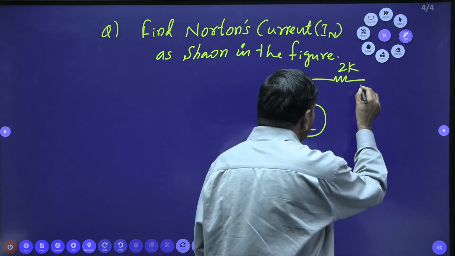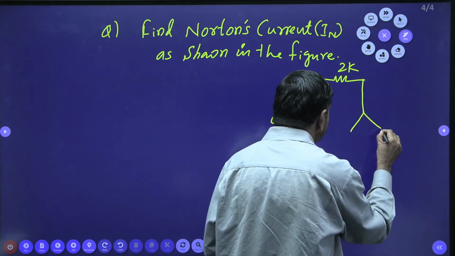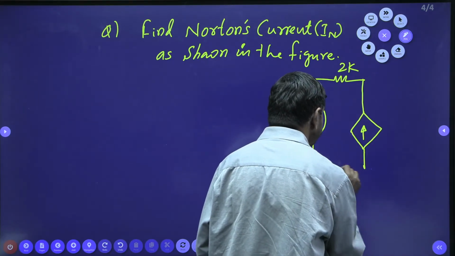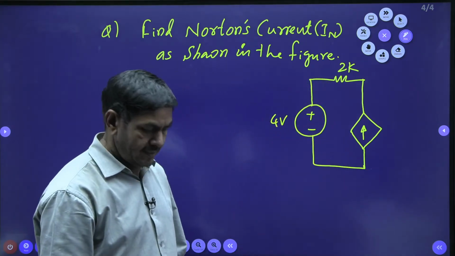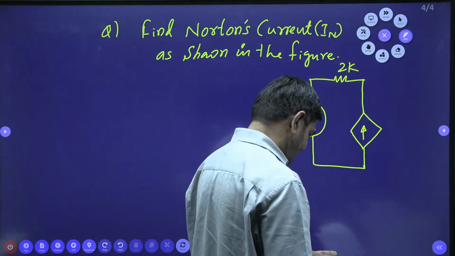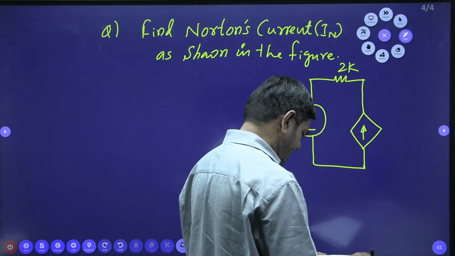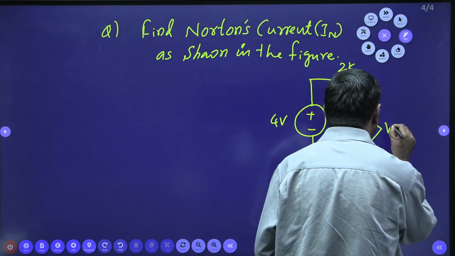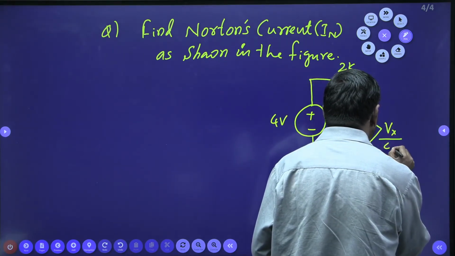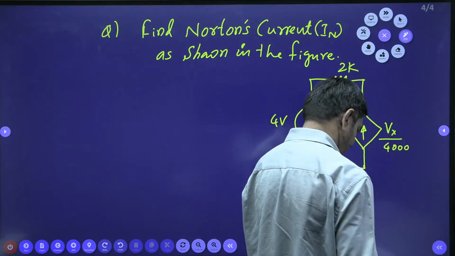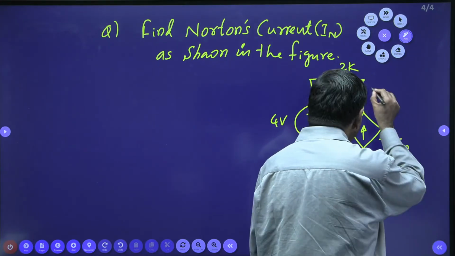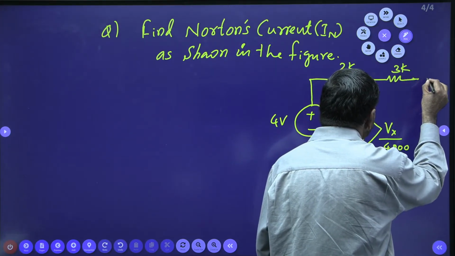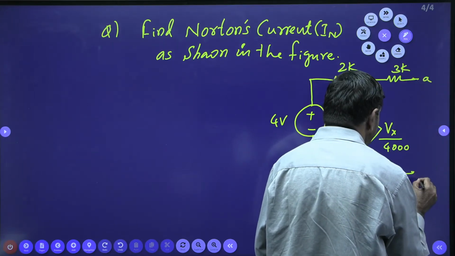There is also one dependent source, a current source, given as Vx by 4000. And this is a 3K resistor. This point is A, this point is B.